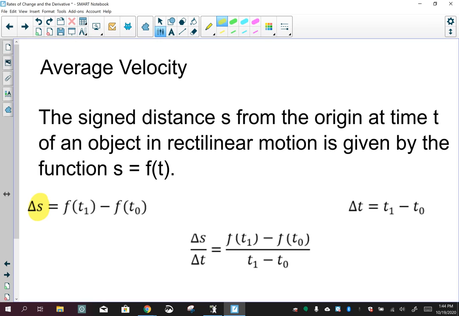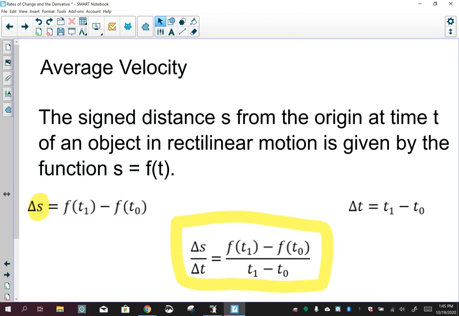So they're telling you from time 2 seconds to 5 seconds. So that t0 is 2 seconds and your t1 is 5 seconds. That's going to be your average velocity. And again, this should look familiar. It's just your slope. That's all this is, just slope.